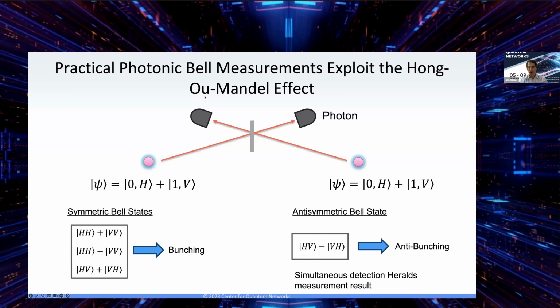And so by looking at the times when both detectors click simultaneously, we create a heralded entanglement, where a simultaneous click heralds the state of the two photons to be in this Bell state, and therefore implements a Bell measurement.